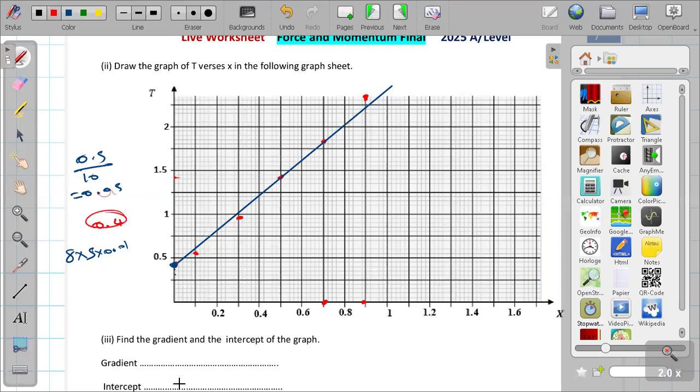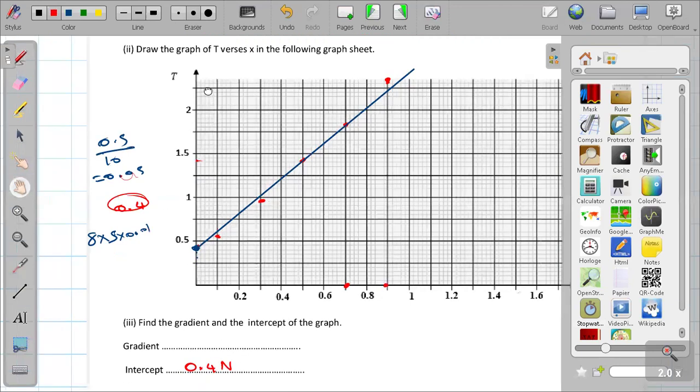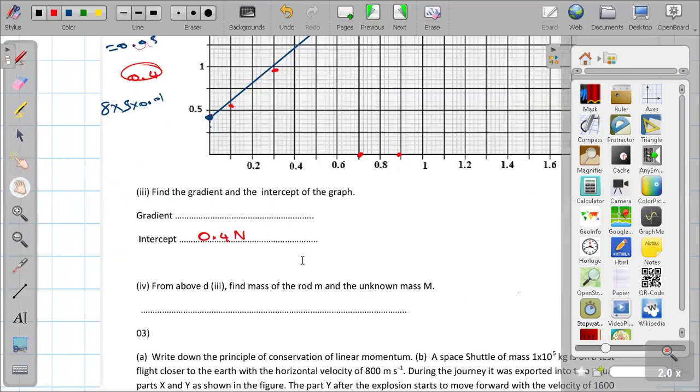This part is 0.4. Tension is in newtons. That's the least amount you can get. We did this kind of graph in school. Very good.